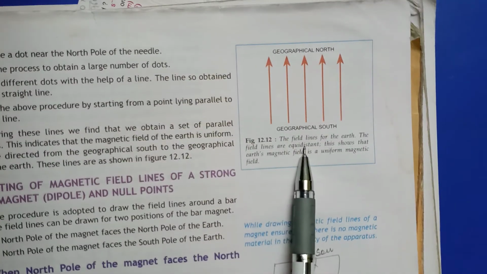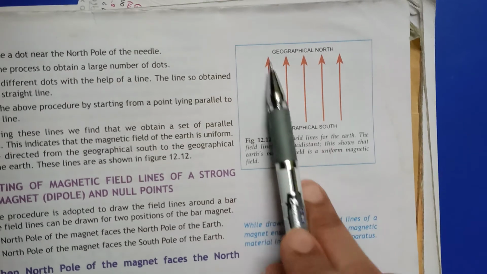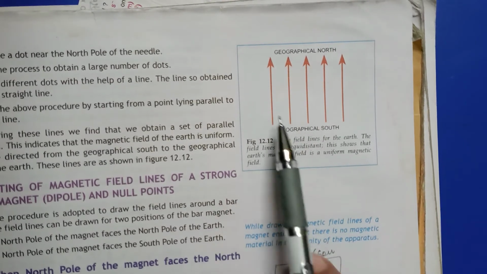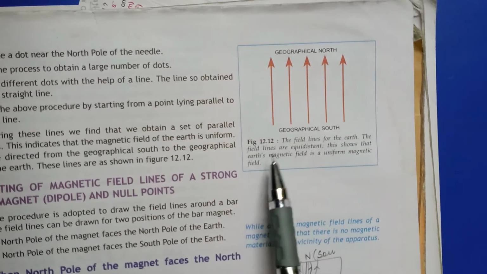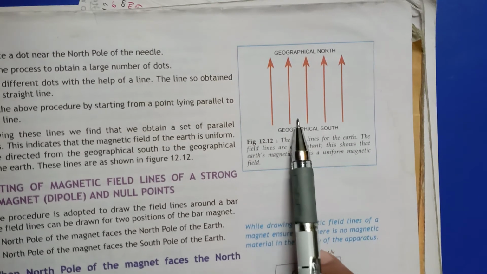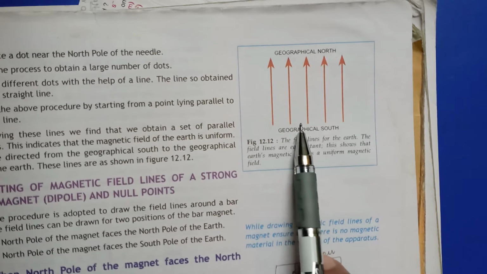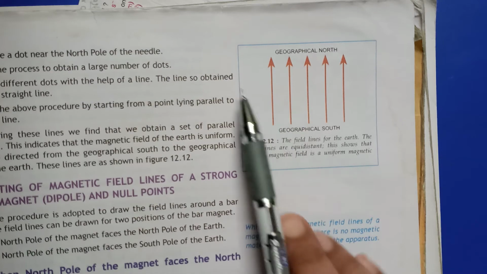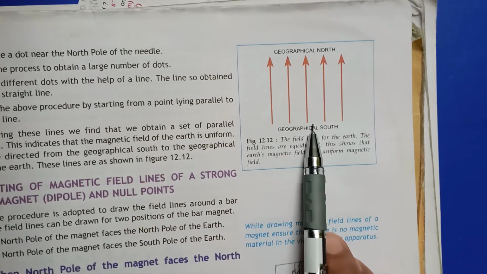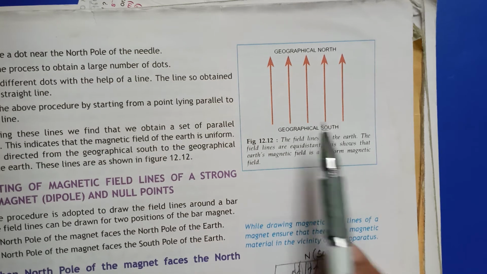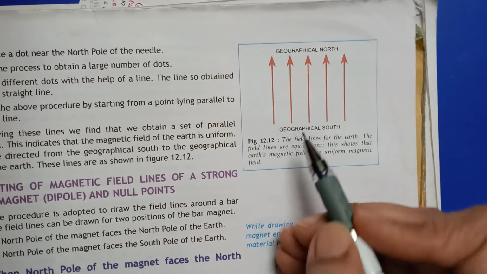The plotting of earth's magnetic field lines will be like this. They all are equidistant and parallel to each other. What does it show? It shows the uniformity. It shows that the magnetic field is uniform. It is the same everywhere, at every place the magnetic field of the earth is the same. It is uniform. Correct?